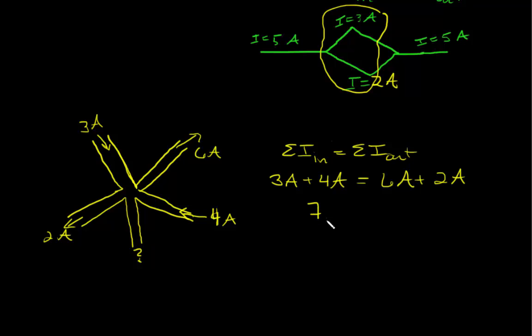So coming in, we see we have 7 amps, and going out, we have 8 amps. So it's clear we need another plus 1 amp going in. So this one needs to be 1 amp going in, and then we'll be good. That's Kirchhoff's junction rule. There are other ways that you can analyze it, but I think the principle is pretty straightforward. But that's it.